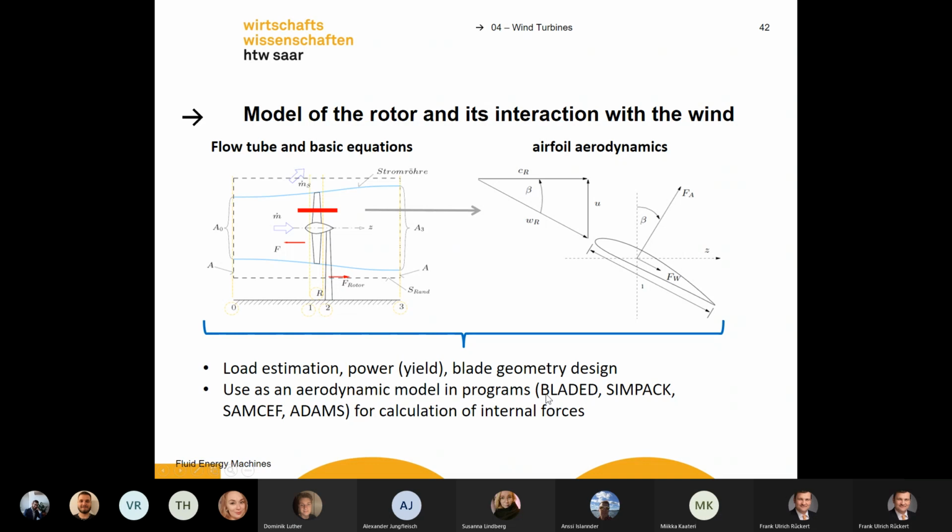There are a lot of good advanced simulation programs, for example Bladed or Simpack or Adams, and you can use them to make sophisticated design calculations of your windmill. I use this workbench really much for the design of windmills.